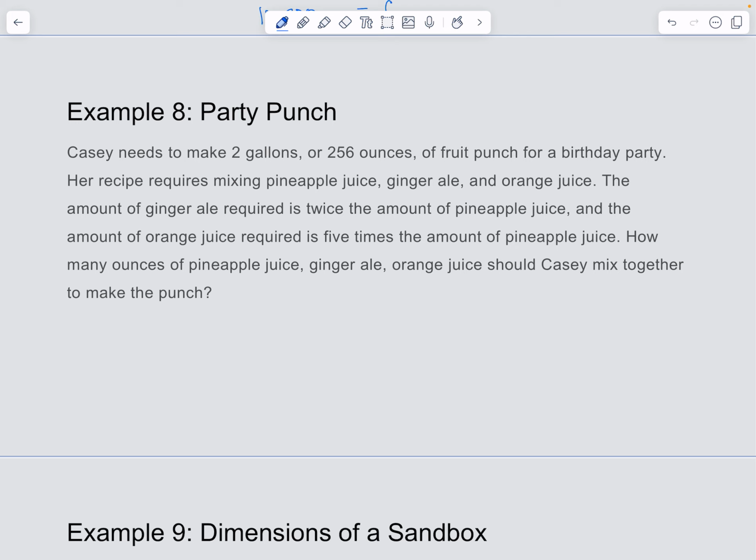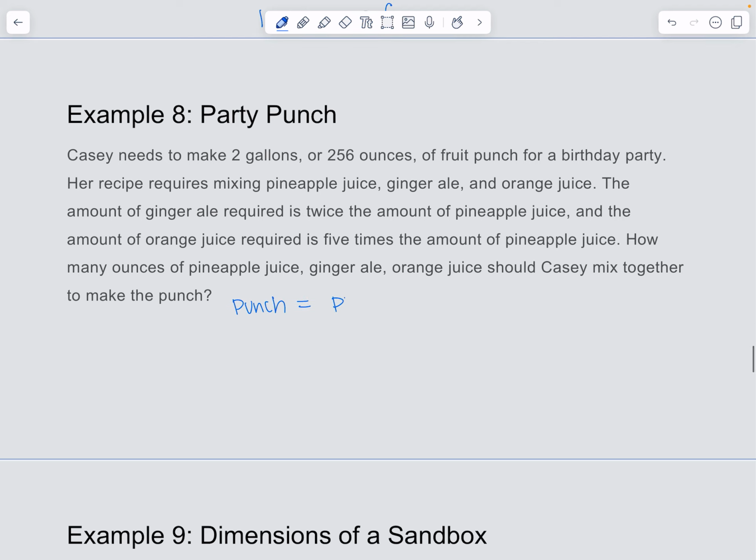So, we know that the punch is made of pineapple juice, ginger ale, and orange juice put together.